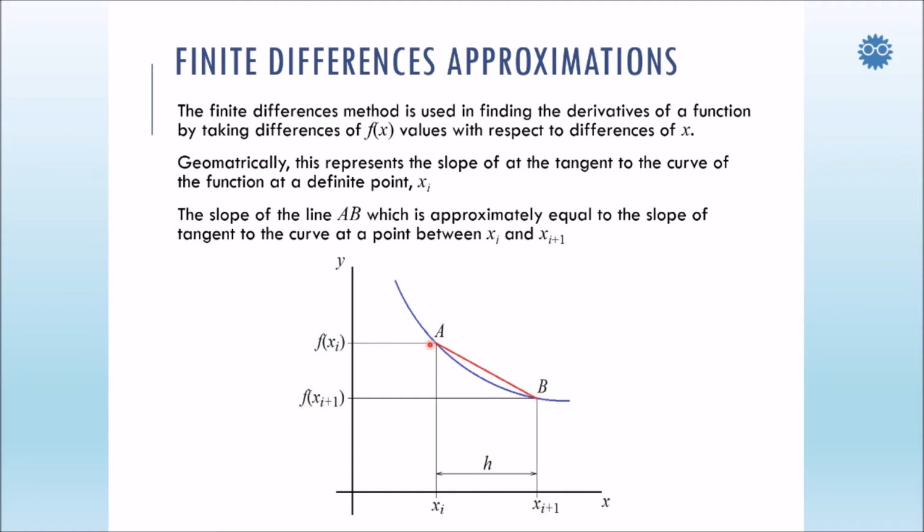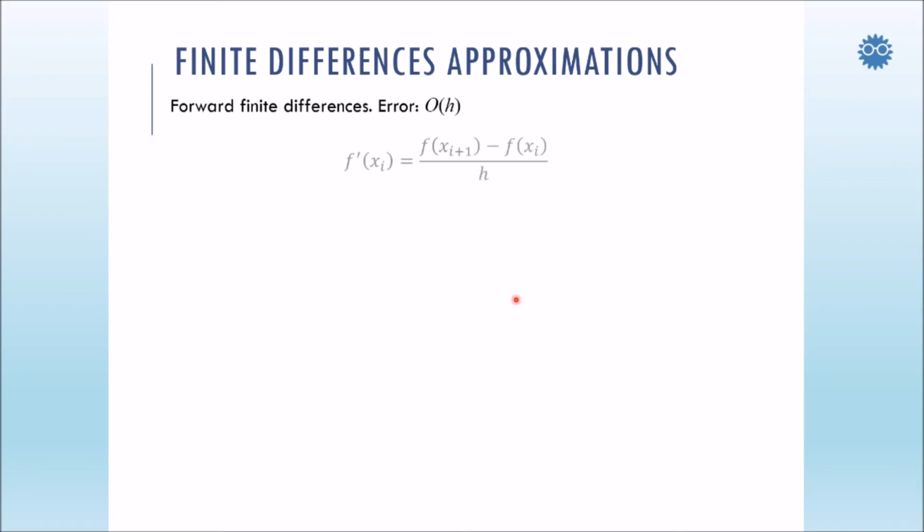Then the difference between f of xi plus 1 and f of xi, over the difference between xi plus 1 and xi, which is called h, will be the slope of the tangent at point A, or approximately the slope of the tangent at point A. That's why it's called forward, because we took the next point, B, which is next to A, in the positive direction of the x-axis.